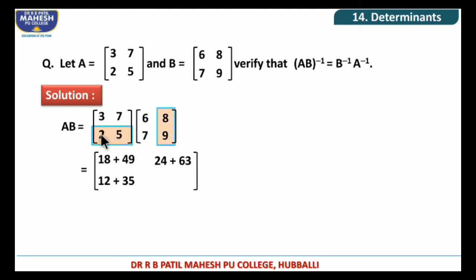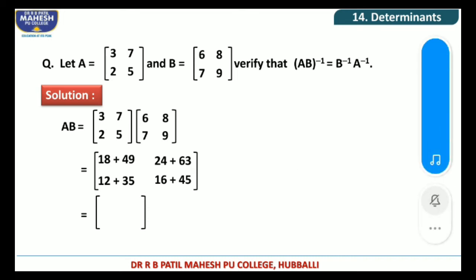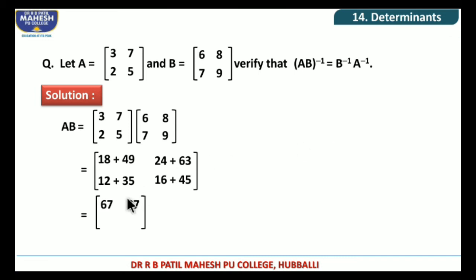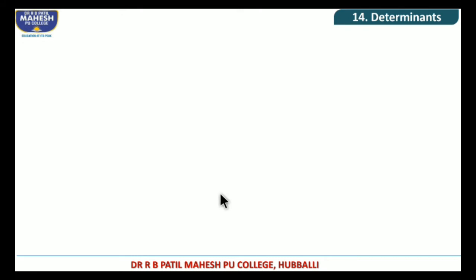Next here this is second row and second column. So 2 into 8 is 16 plus 5 into 9 is 45. Therefore we have 18 plus 49 is 67, 24 plus 63 is 87, 12 plus 35 is 47 and 16 plus 45 is 61. So this is the value of AB here.